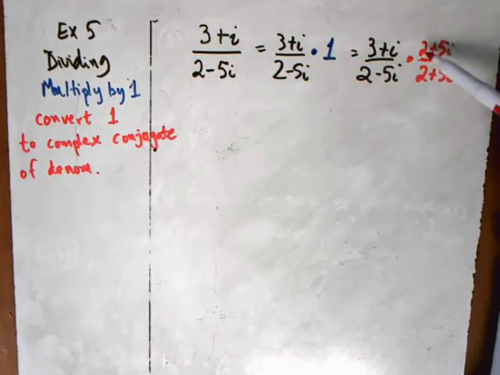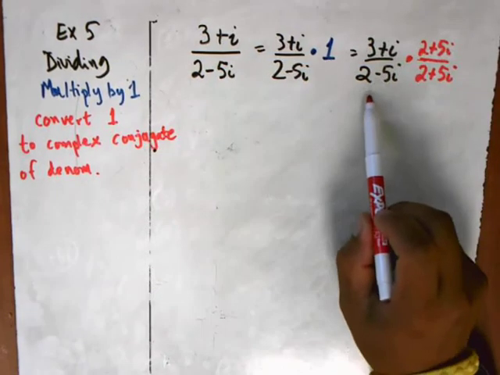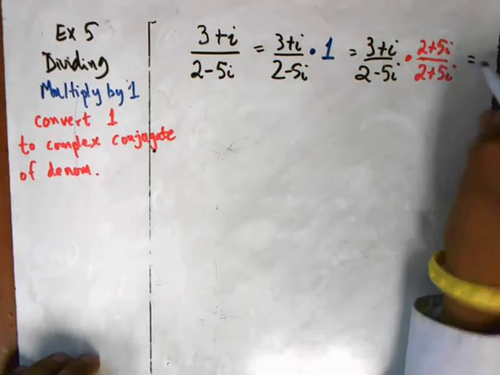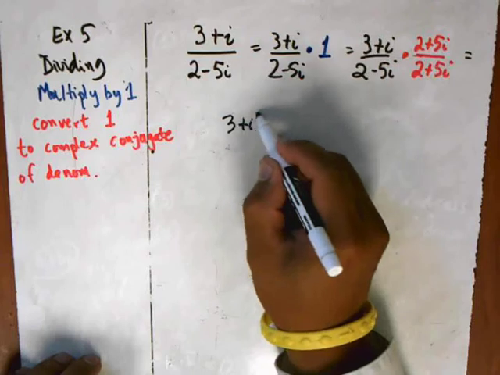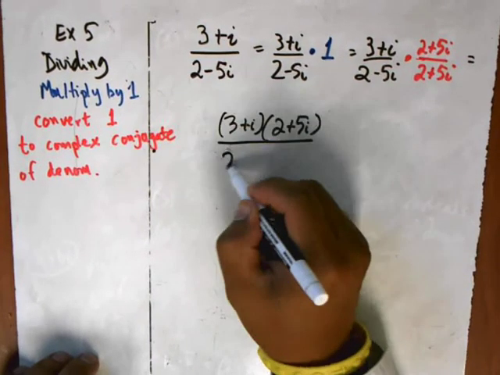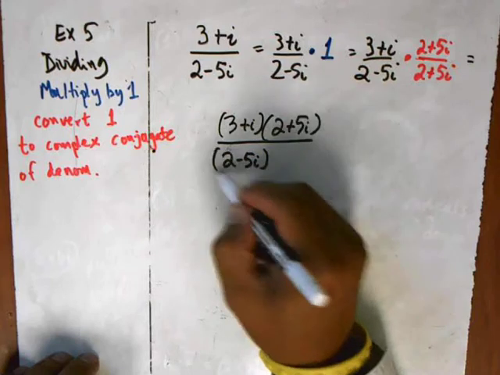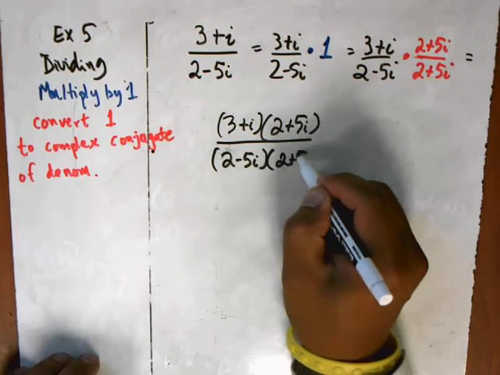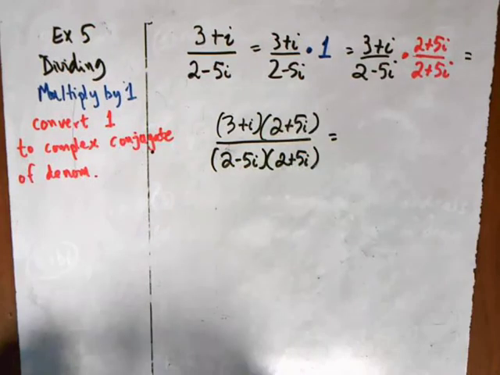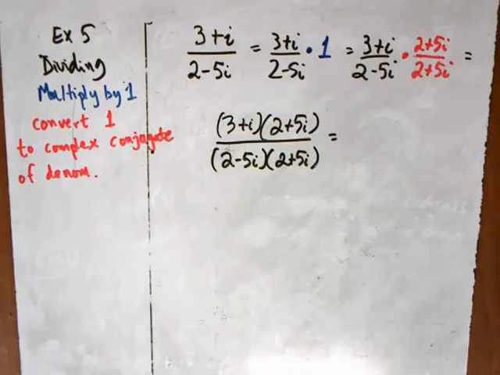And we can choose to do whatever we want here, as long as we do the same at the top and the bottom. But we choose the complex conjugate of the denominator. And then we just multiply and we simplify from here. So all of that is equal to 3 plus i times 2 plus 5i divided by 2 minus 5i times 2 plus 5i. And we have two multiplication problems essentially.